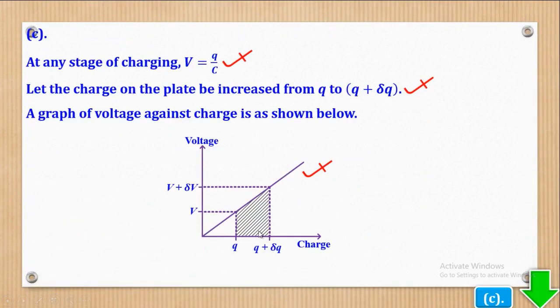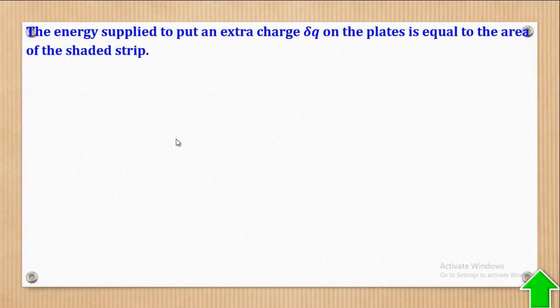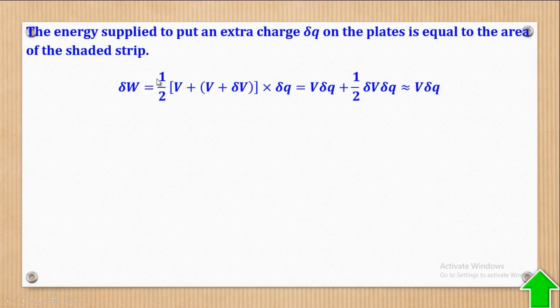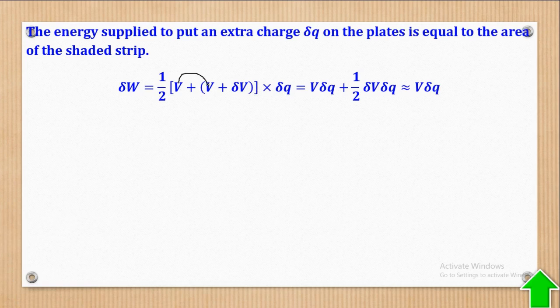This area is a trapezium, so we use the formula for the area of a trapezium to get the small work done, which is a half V plus V plus delta V multiplied by delta Q. When I simplify, V plus V is 2V, and 2V times a half is V, and delta Q is there, so it becomes V delta Q.